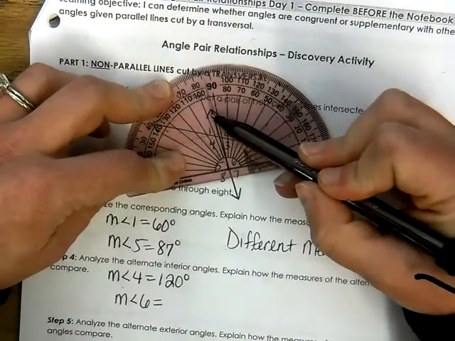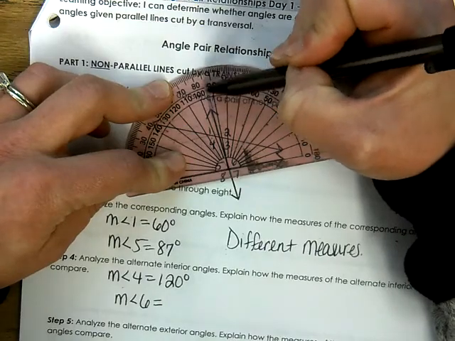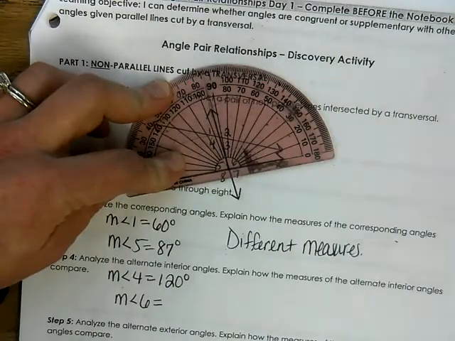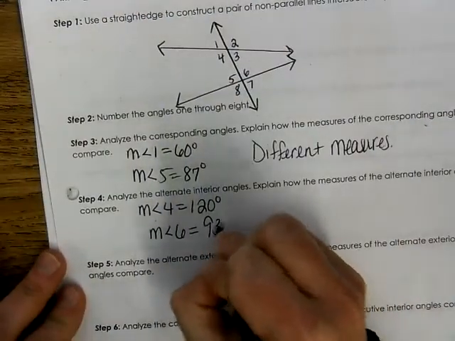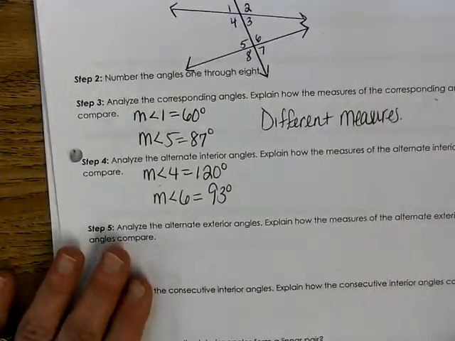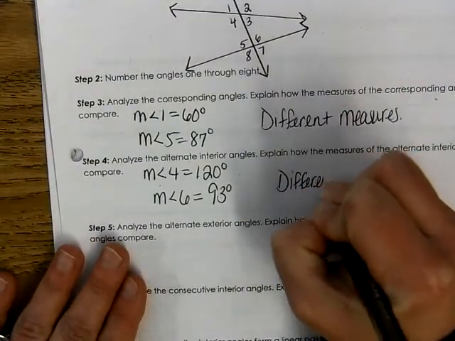Well, it's bigger than 90, so that makes it about maybe 90. It doesn't look like it's quite 95, maybe 93. It's about 93 degrees. So how does 120 and 93 compare? Well, once again, they are different measures.